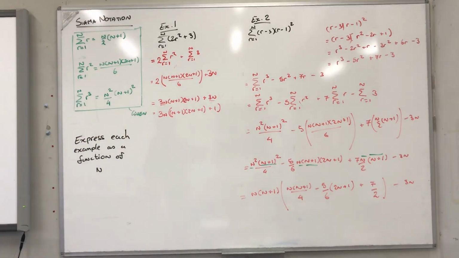Once you're in there, you could then further simplify within the brackets. But the point of this really is understanding how to alter the sigma notation into functions in n, which I have now done, although it is very complicated. Okay, so that is sigma notation.